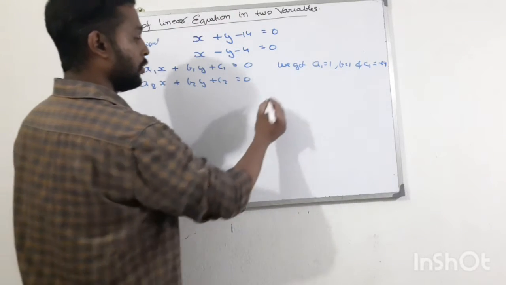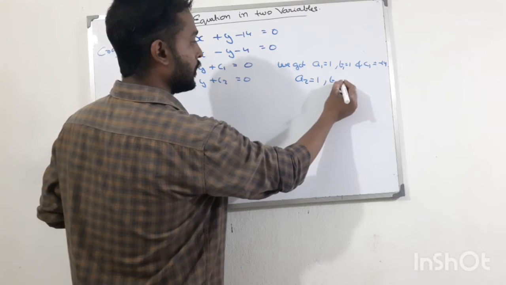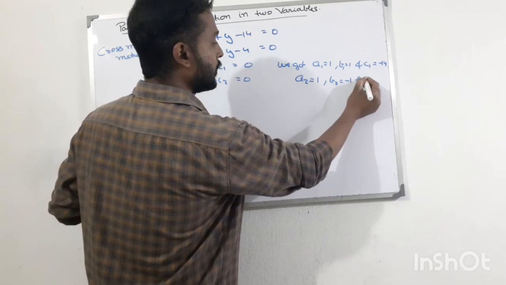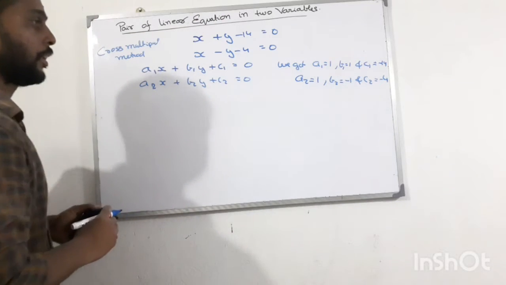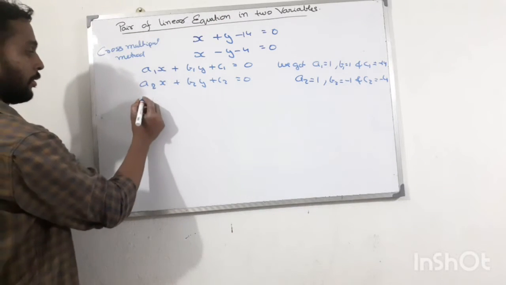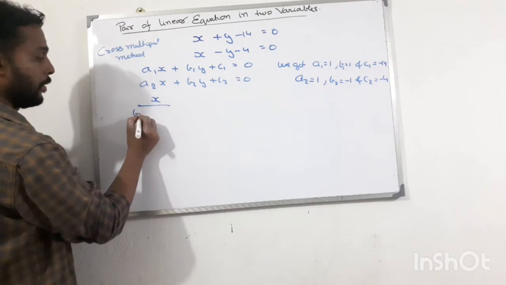And in equation 2, a2 is equal to 1, b2 is equal to minus 1 and c2 is equal to minus 4.